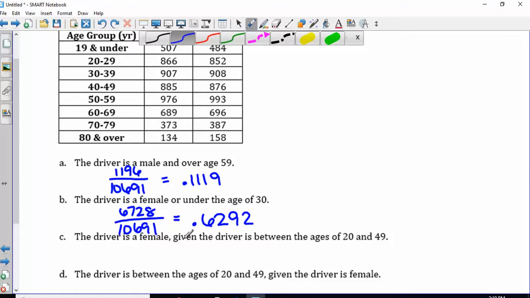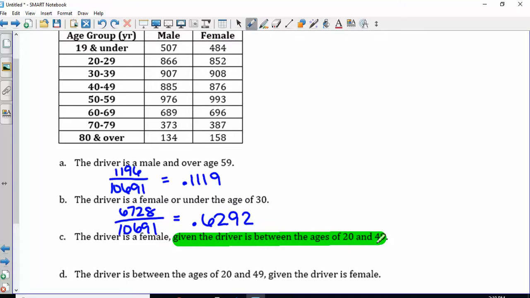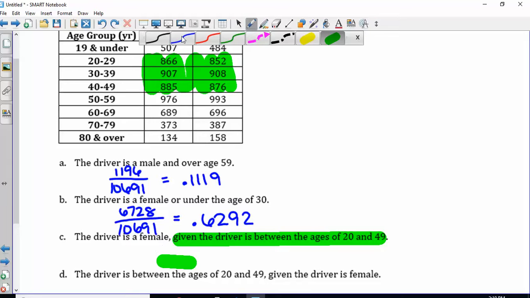Right. When I give you a given, that's your denominator. So between the ages of 20 and 49, the only thing I'm looking at is everybody from 20 to 49. So I am completely ignoring everything else in my table. That is my denominator. So the bottom of my fraction, if I just add up those 6 values, we get 5,294.